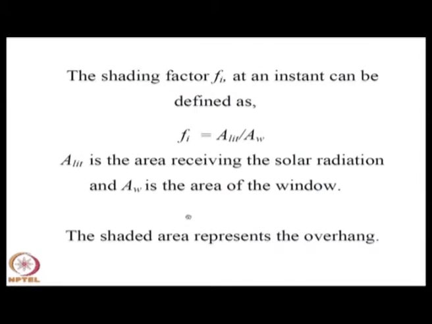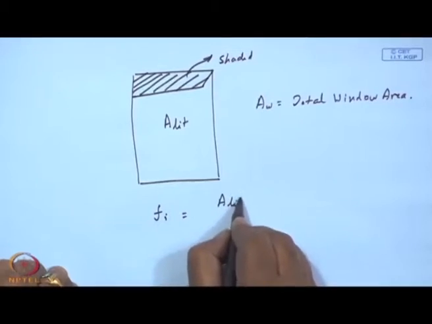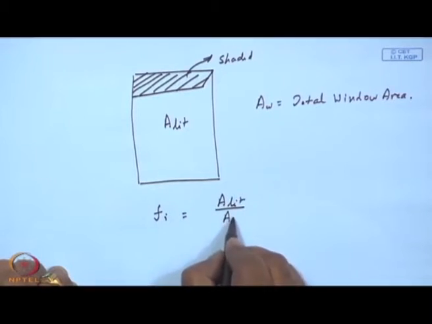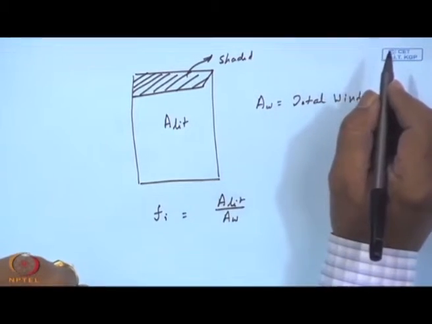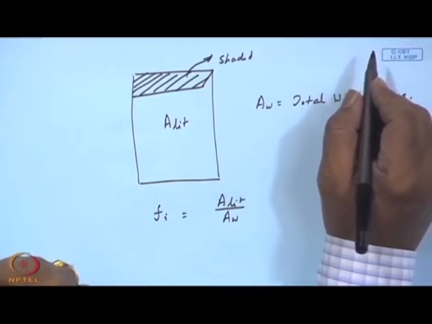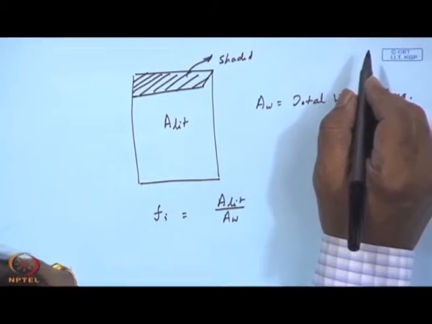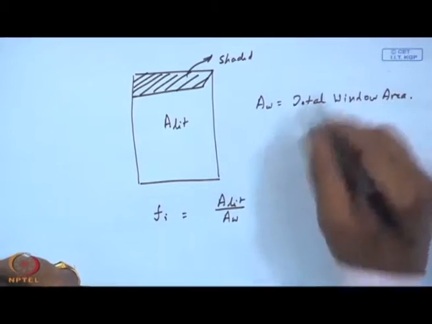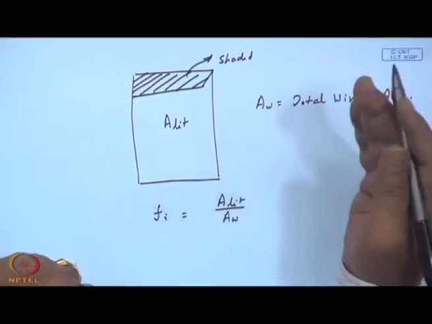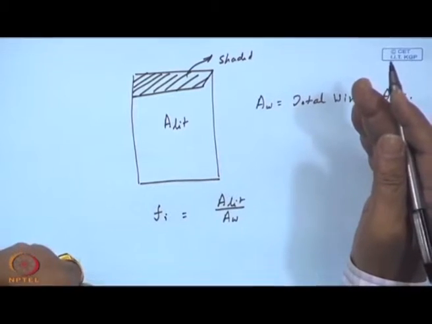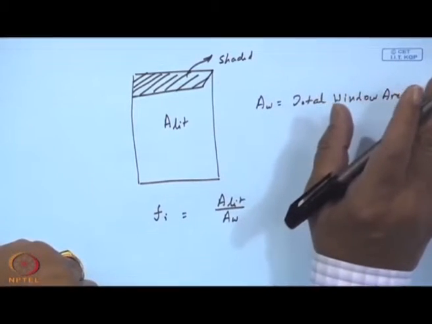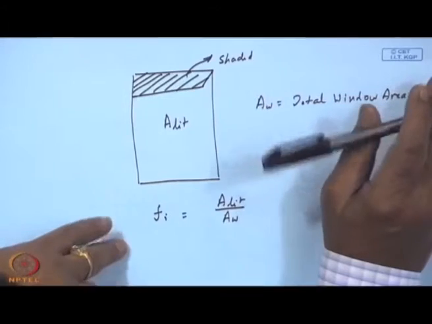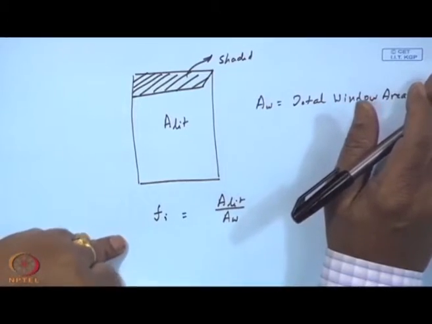So, this will be equal to A lit by A W. This is written in such a manner that instead of the shading factor, it could be the lit factor. If A lit is equal to A W, Fi is equal to 1, which means the window is not shaded. If Fi is equal to 0, it is completely shaded.